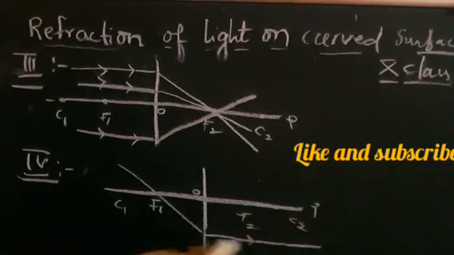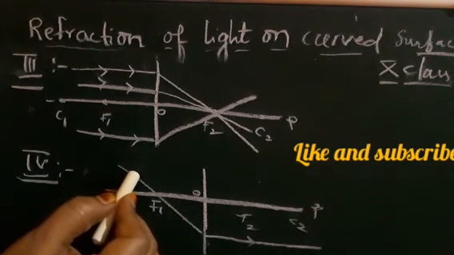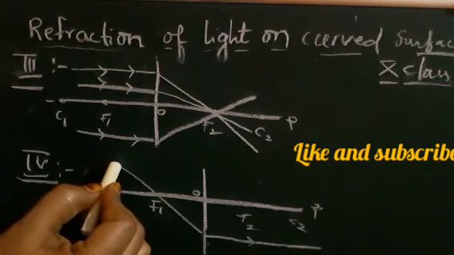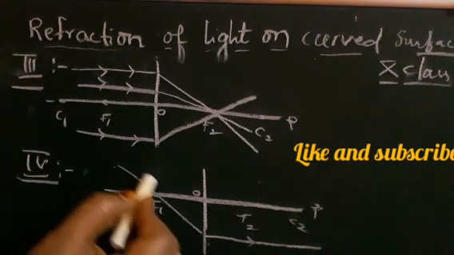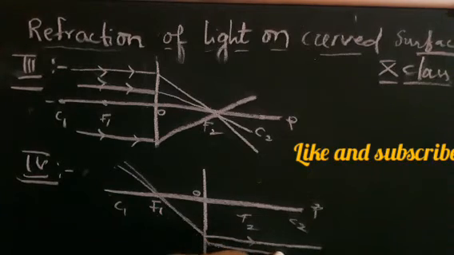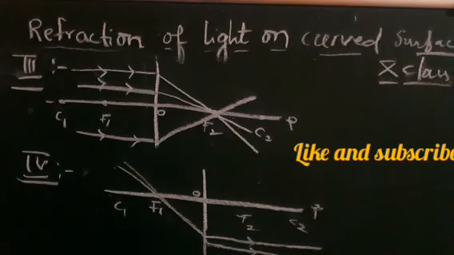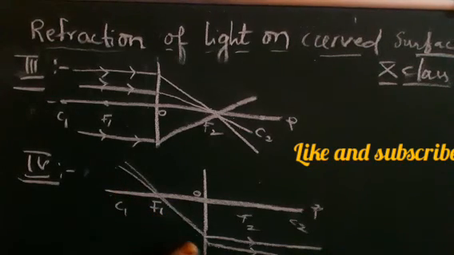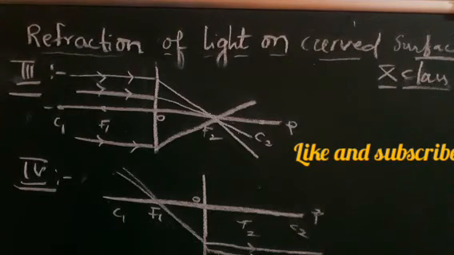The rays which are passing through the focus will be parallel to the principal axis. All the rays passing through the focus will be parallel to the principal axis. Okay.